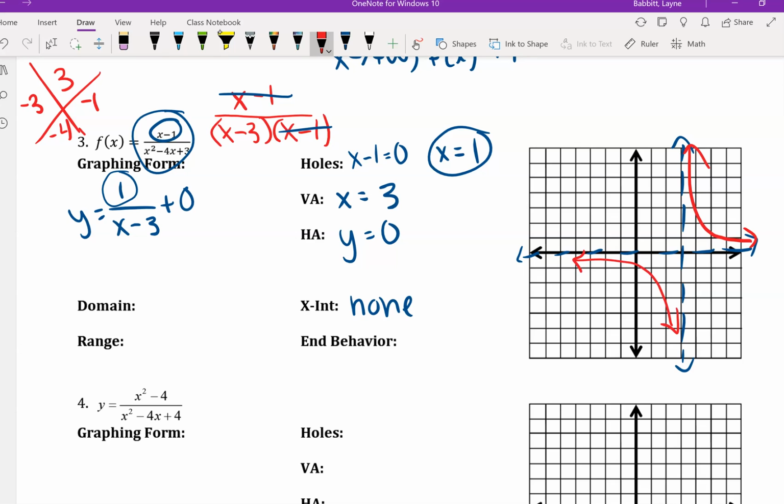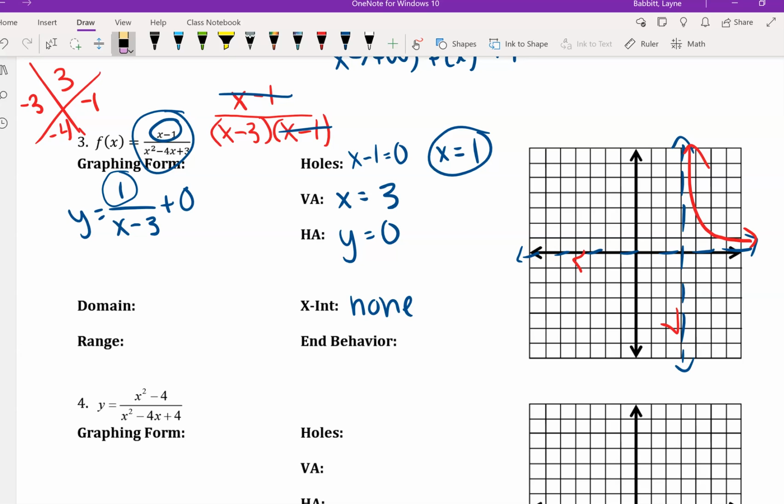Now this was just a really rough sketch of it. I don't know if it's exactly going to look like that. So what I might do is plug in to find at least one point so I have an idea of where that curve's going to be. I don't know exactly where these curves are going to be, but I want to find maybe the point 2 comma something.